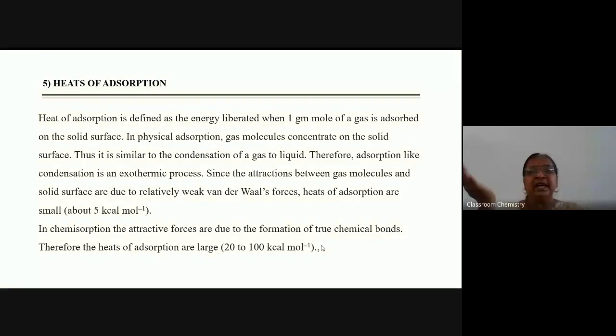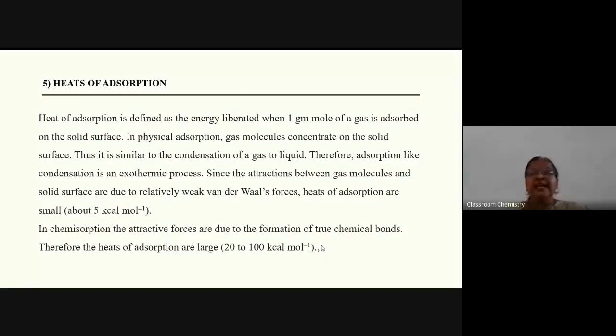Such forces are known as the residual forces. आणि मग या सरफेसच्या कॉन्टॅक्ट मध्ये अदर सबस्टन्स ज्यावेळी येतो त्यावेळी these surface molecules try to satisfy their residual forces, their residual valency, and therefore they attract that another substance on its surface and hold that other substance on the surface. So we say that there is the accumulation of another substance on the surface of that substance, and it is known as the adsorption. That is the mechanism of the adsorption.